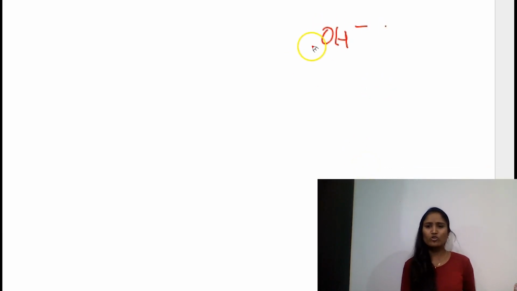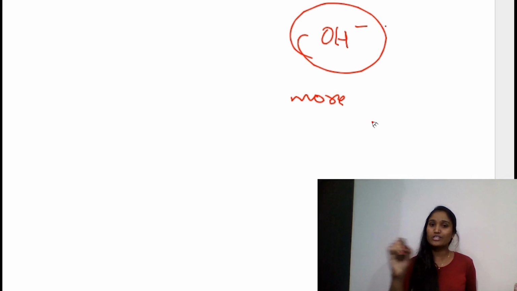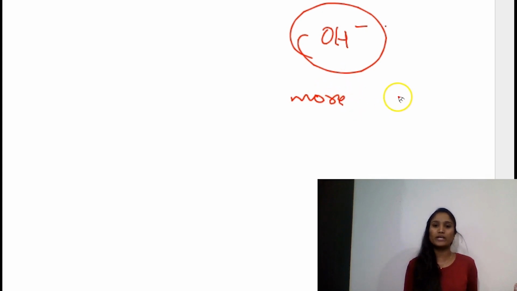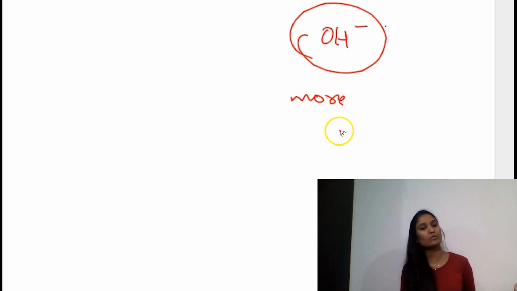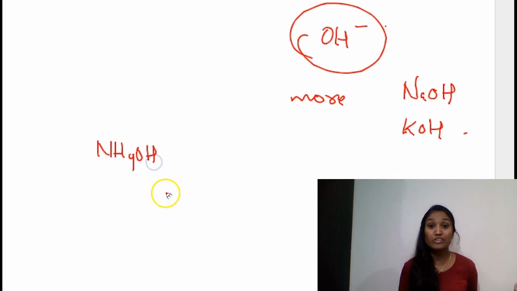If the base is giving you more OH minus concentration after dissolving into water, underline this phrase, only after dissolving into water will you get to know all this story. More is the OH minus concentration, stronger is the base. Like NaOH is a strong base. KOH is a strong base. Less is the concentration, weaker is the base. For example, ammonium hydroxide is a weak base.